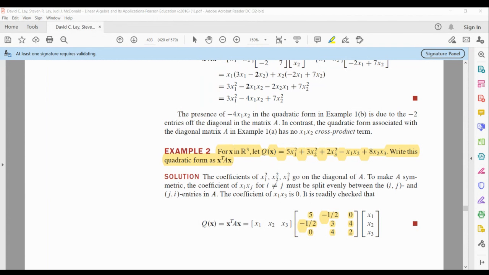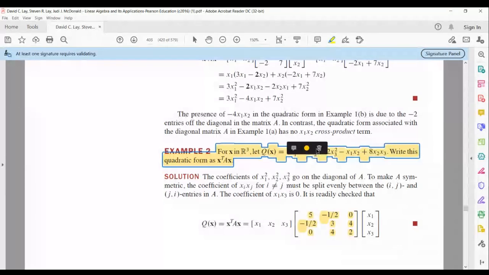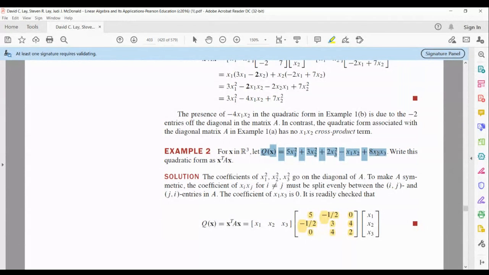Very good. So in example 2, what's the coefficient in front of the x1, x2 cross product term in that quadratic form? -1.